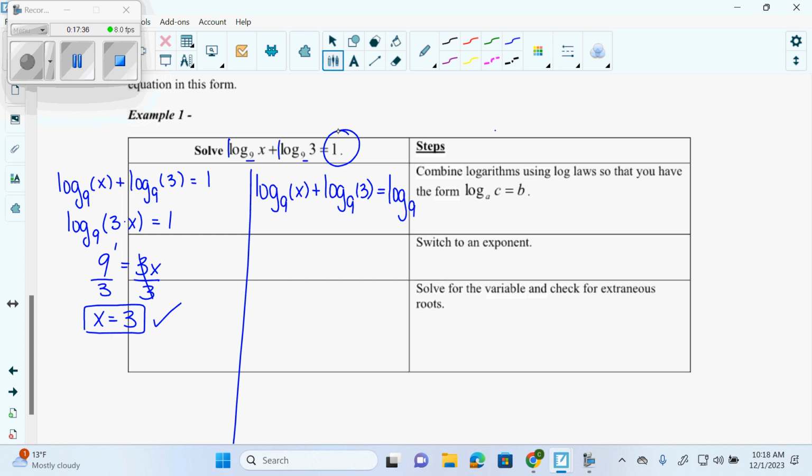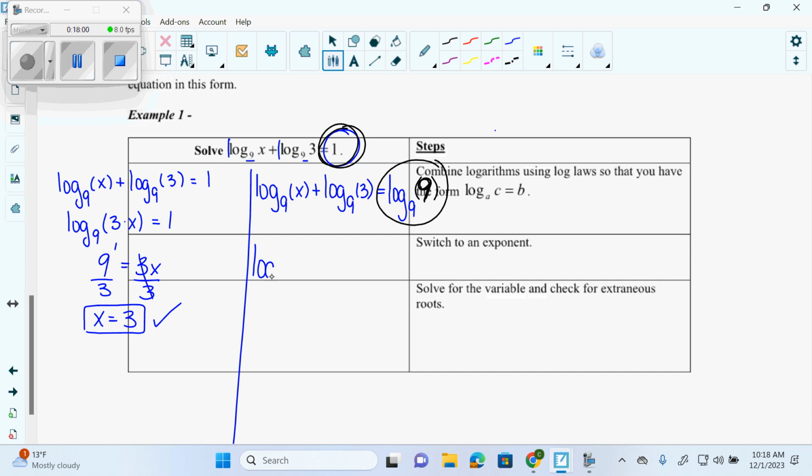What can I put here? 9. Why? Because log base 9 of 9 is 1. So I'm literally just replacing this with log base 9 of 9, because log base 9 of 9 is 1. Then they're all logs, right?